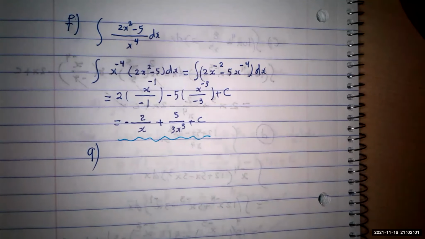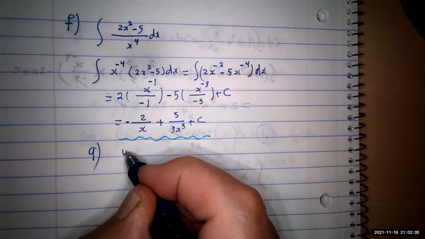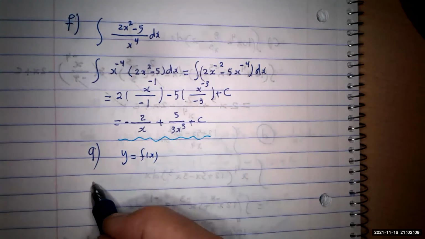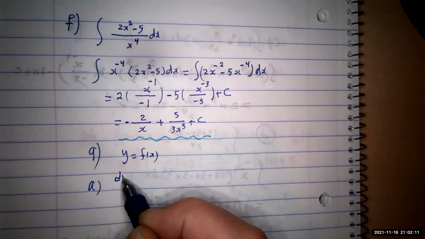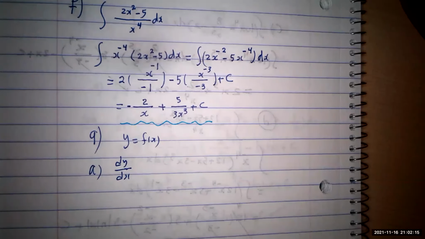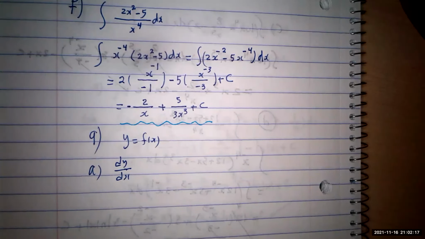So they ask for a function with this condition. The function is y equal to f of x, and the condition for part 1 is this one: dy/dx. dy/dx is the same as f prime or y prime, whichever you like.